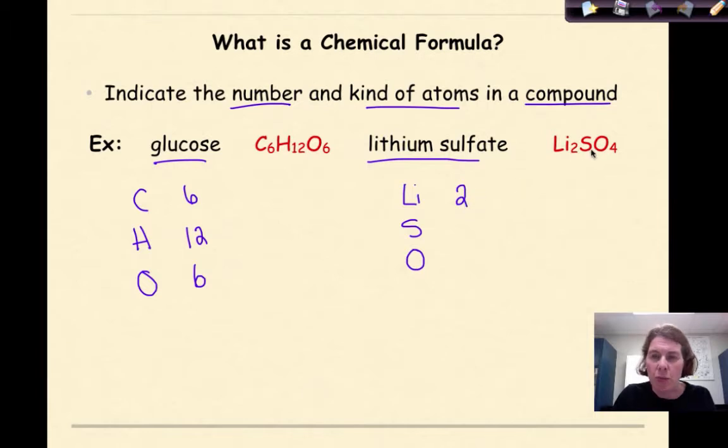There is an assumed 1 right here by this sulfur atom, so 1 sulfur, and 4 oxygen atoms. So if we said, well, what's the ratio of this? We'd say it's a 2:1:4 ratio that makes up this chemical compound. So again, a chemical formula is going to tell you the type of elements involved and the number of those elements needed to make that particular compound.